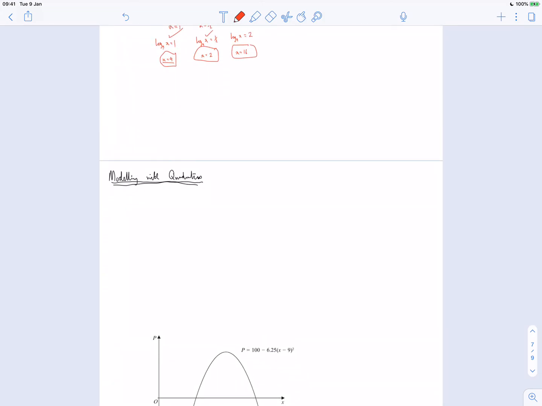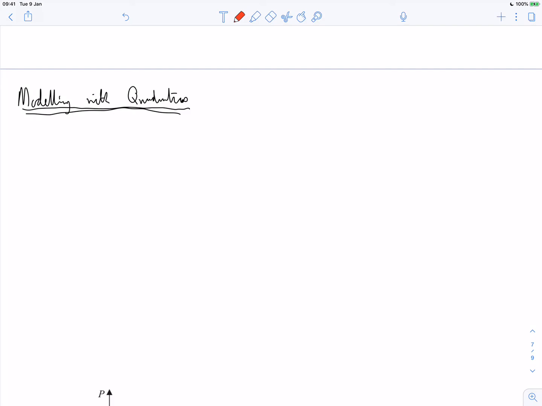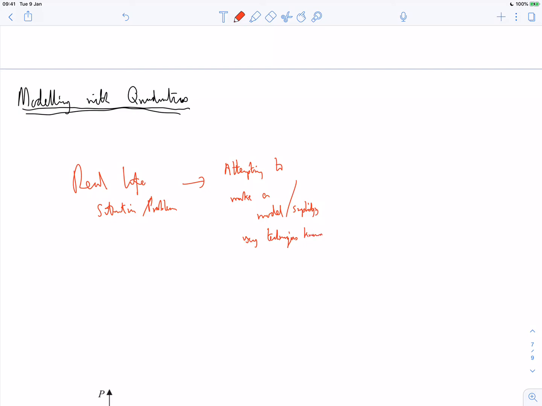Okay, the final thing. This is the final thing. Modelling with quadratics. What is this about? What is modelling? Well, modelling is all about taking a real life situation or problem and then attempting to make a model, or to simplify it, using techniques known already.